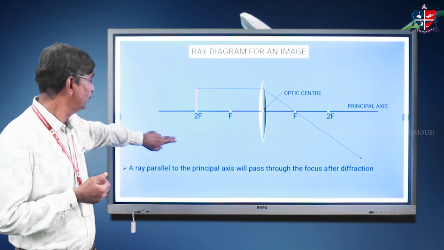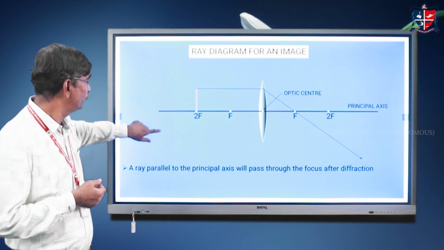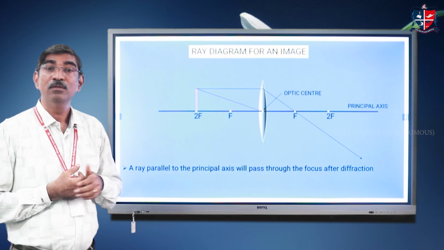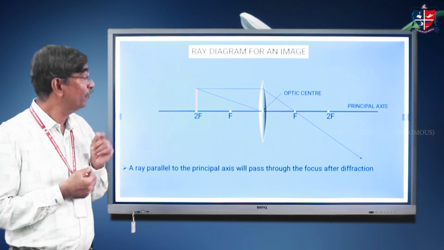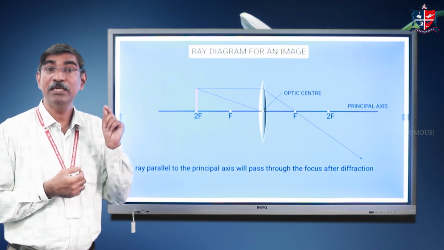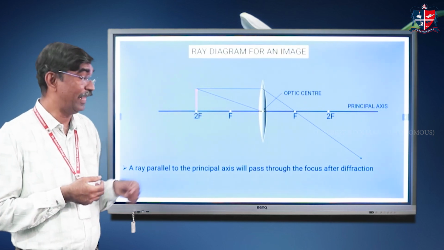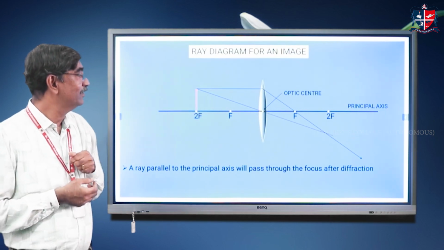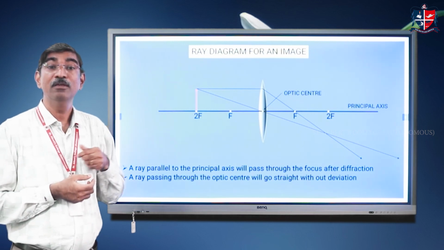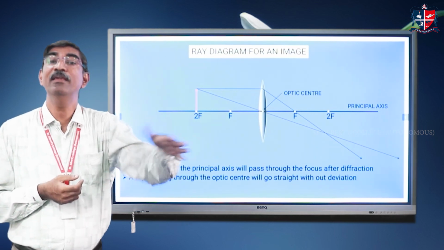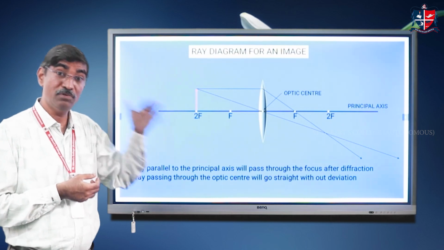Then another light ray which is passing through the optic center. Let us see what is going to happen to this ray. See, it is passing without any deviation, that is, it is passing straight.